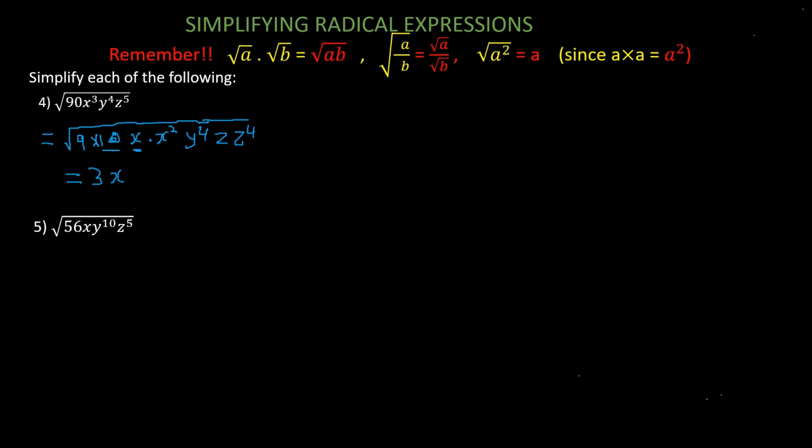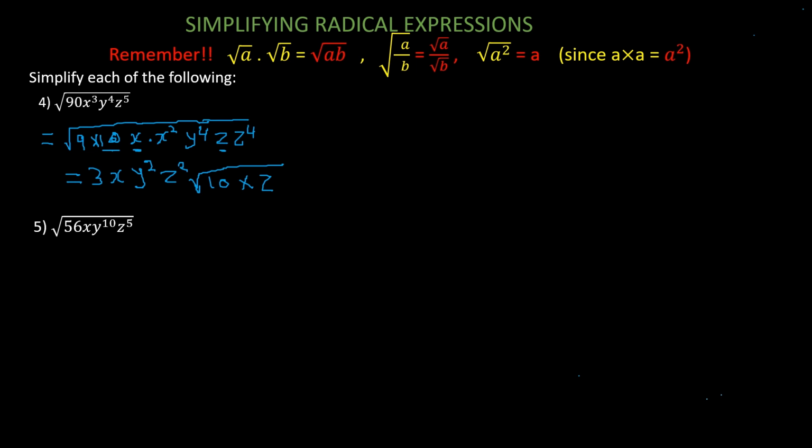For y to the power of 4, it will go out of the root because the power is even, so it's going to be y to the power of 2. And z will stay inside the root, and z to the power of 4 will be z to the power of 2. Now, what is inside the root? We have 10xz. So it's 3x y to the power of 2 z to the power of 2 square root of 10xz.